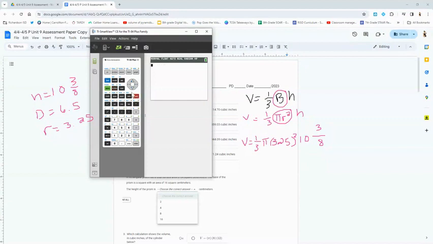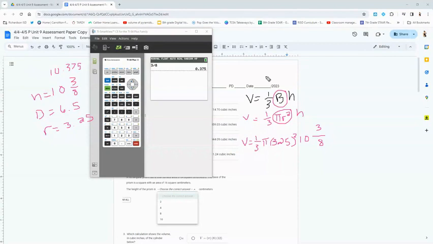I have to start over. One thing I'm going to do first is see what this is as a decimal, because I don't feel like putting that in as a fraction. I can, but I don't feel like doing it. So I know that this is going to be 10.375. I'm going to write that down, and that's what I'm going to use as my height instead of this.